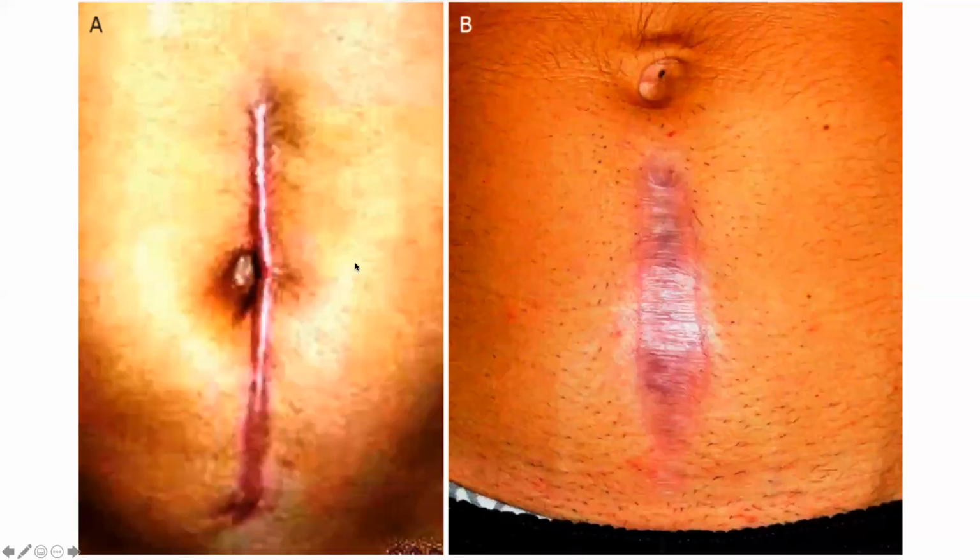Now, this is a surgical incision on the abdomen, which is a direct midline incision. This is the umbilicus, and the vertical midline incision creates a relatively large scar.